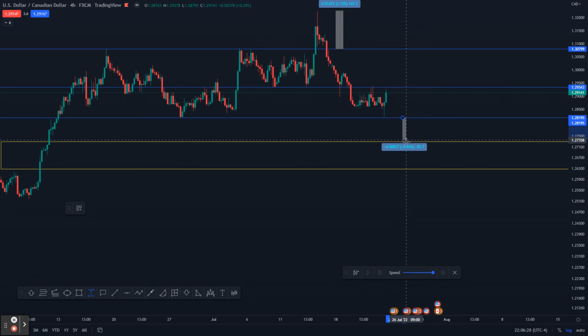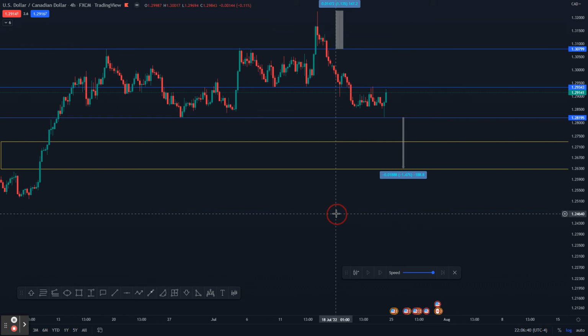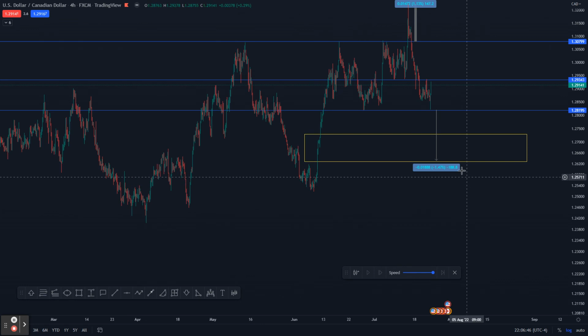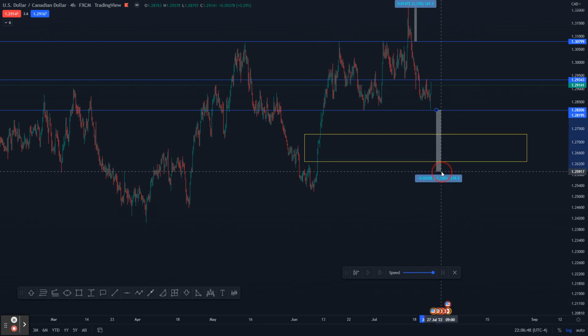We'll take that. Even if we come to right here, that's about 90 pips. I'll take that. But we really want to come down and break and get into the zone. All right, so then that'll be about 188 pips. And if we can get all the way down to this part, which I don't know, it's gonna be a little stretch to get there.